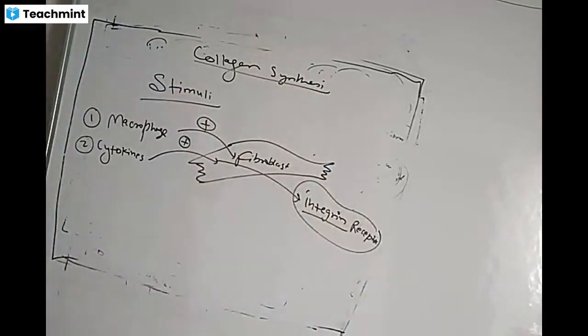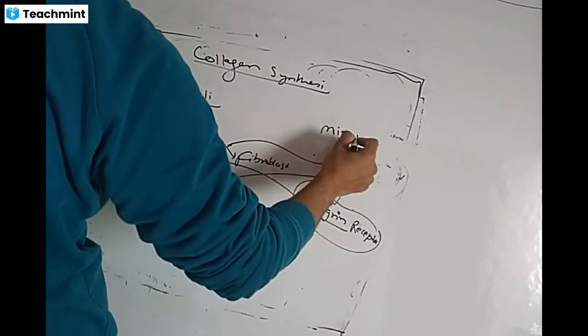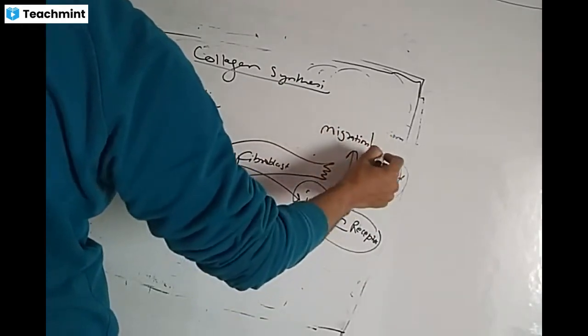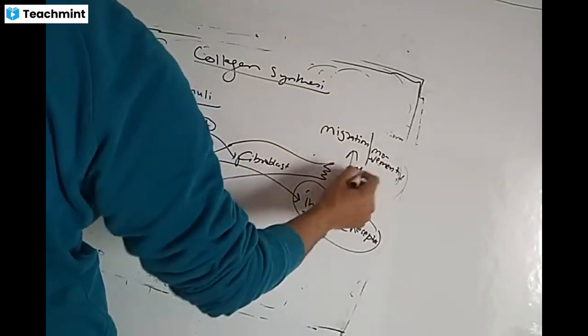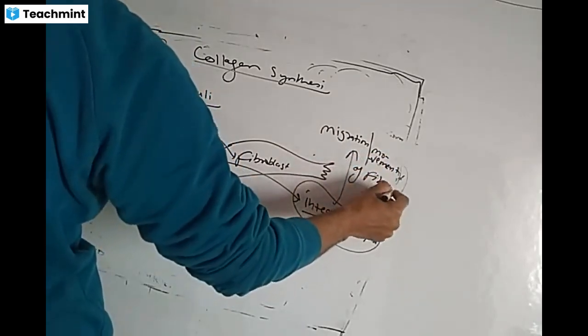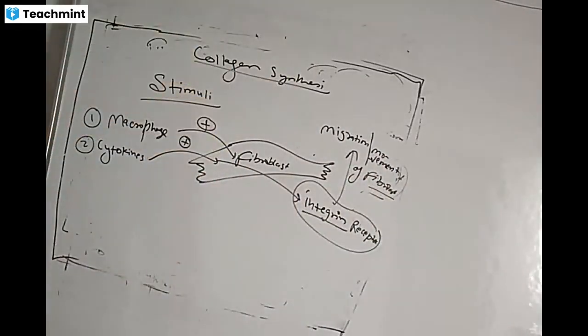These receptors are very important for the migration, or you can say movement, of the fibroblast. Because of these receptors, they move into the wound.